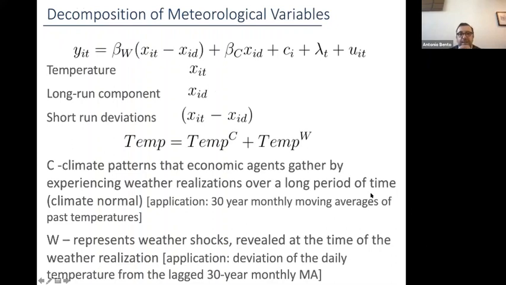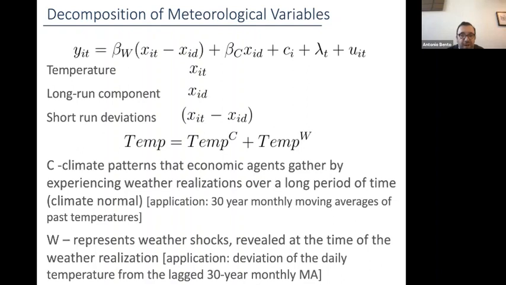So let's go one step farther. So far, I have convinced you that instead of defining these shocks XIT as deviations from their long-term mean, what I am going to do is redefine a long-run component XID, and from there, I will measure the short-run deviations.